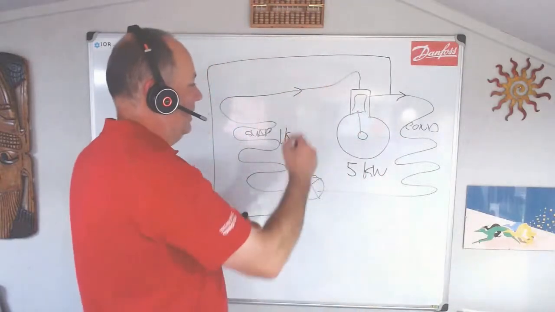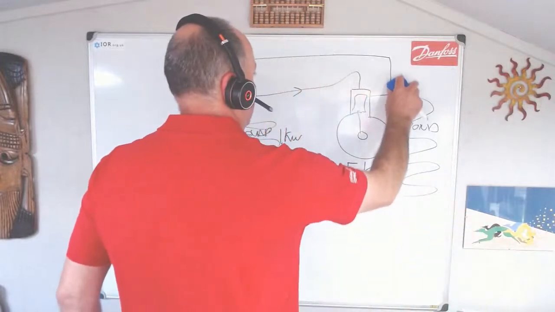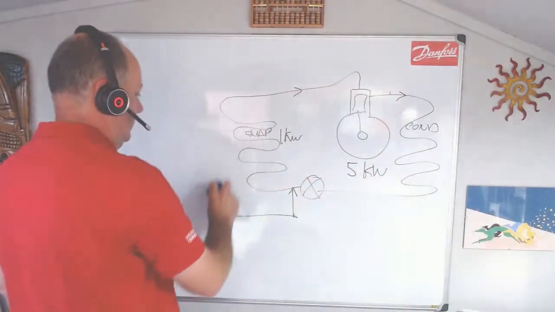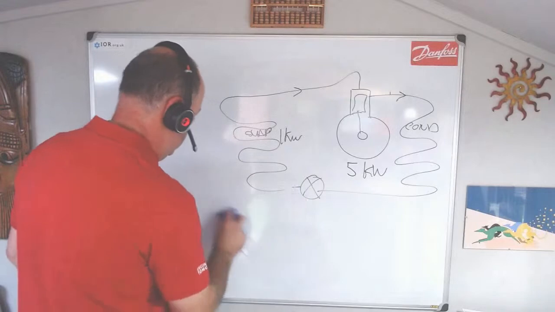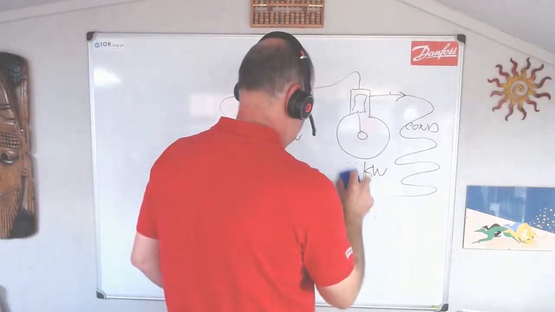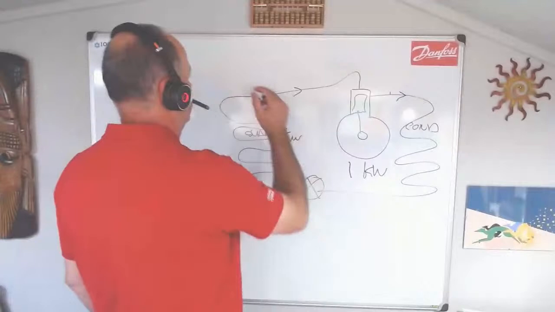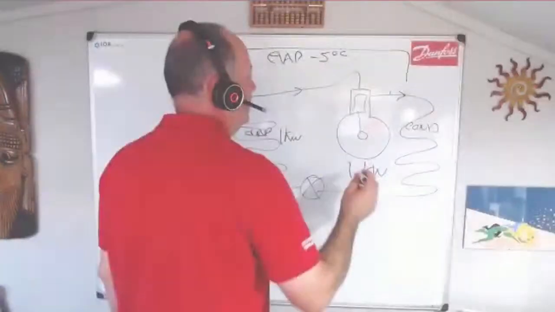because whatever system you have, let's get rid of that, not to make things worse. So let's go back to that. So we've got 1 kilowatt, 1 kilowatt, and all of that is designed to evaporate at, let's say, -5.